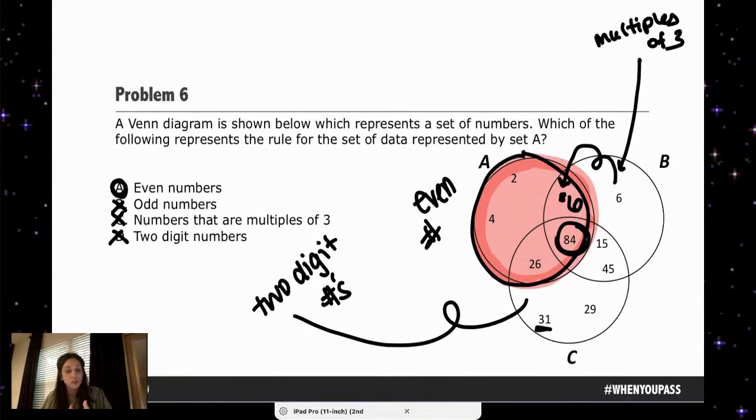It's not a multiple of 3, but it is a 2-digit number, which is why it's just in circle C. So understanding those rules is really important. So elementary people, you being able to recognize that rule is really critical.